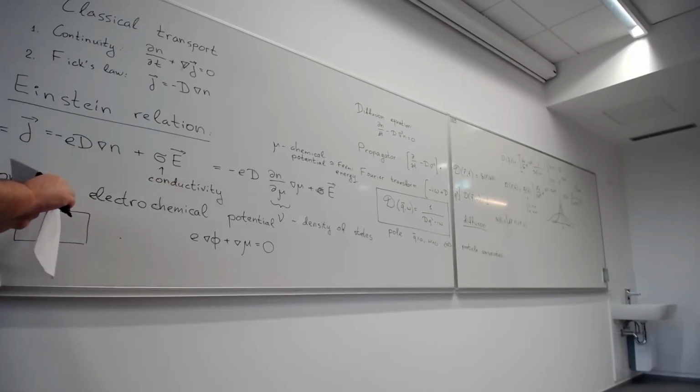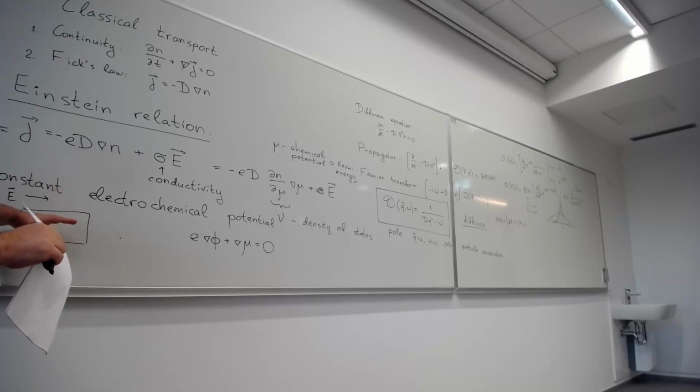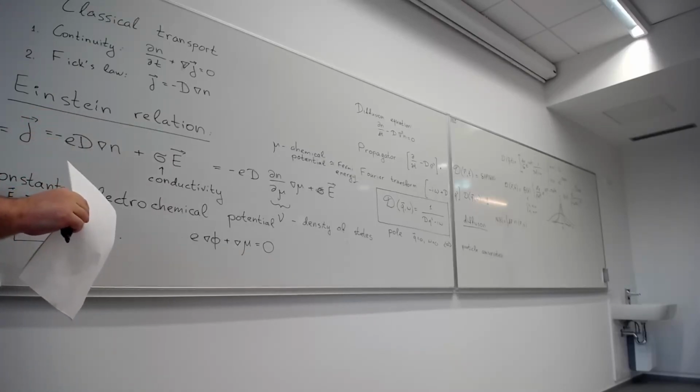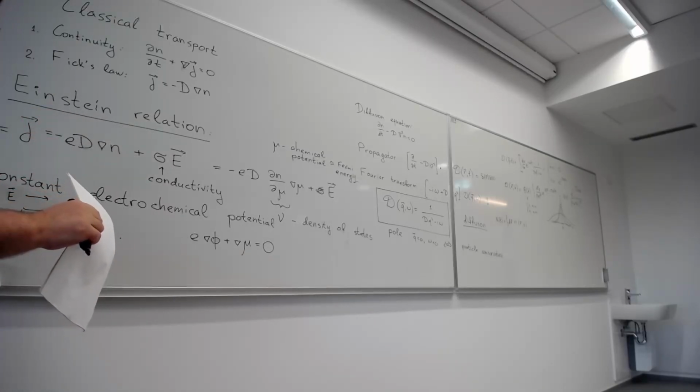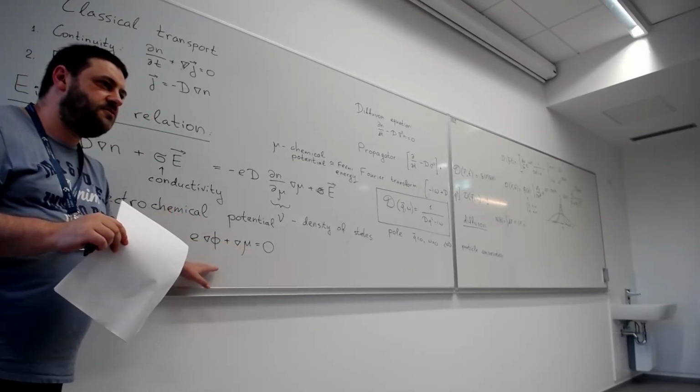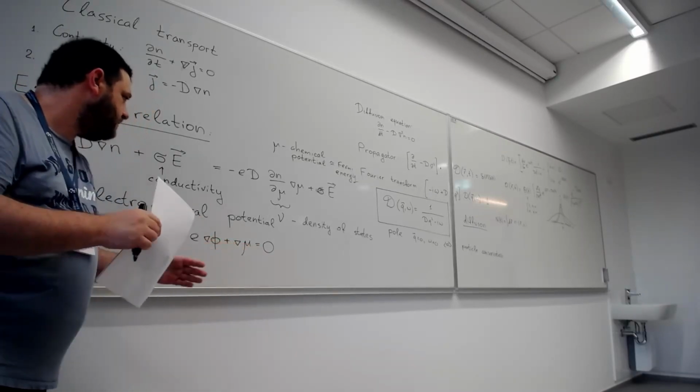In reality it will be more complicated, but if electrons do not interact with each other, this is what will happen. And when we have an applied electric field but no total current, this corresponds to a thermodynamic equilibrium with a constant electrochemical potential, which is the sum of the two potentials, electric and chemical.